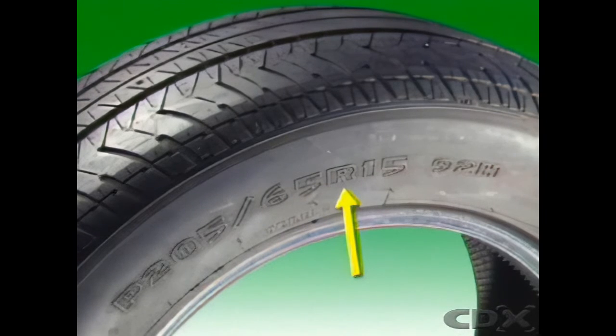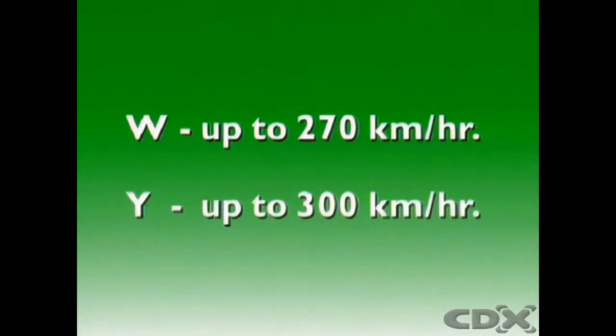R, radial ply construction. 15-inch diameter rim. 92 load index for a maximum load of 1,385 pounds or 630 kilograms, and H for a speed rating up to 130 miles per hour or up to 210 kilometers per hour. Further development of high-speed tires has expanded the speed categories to include W and Y.